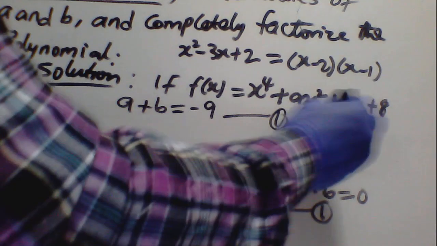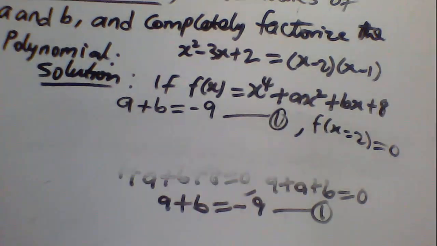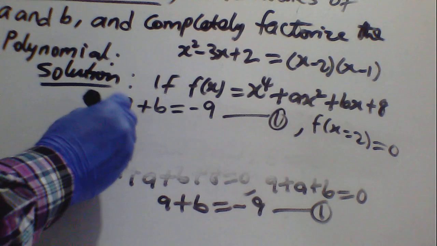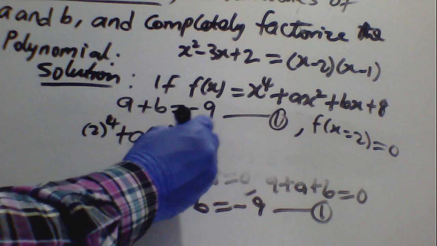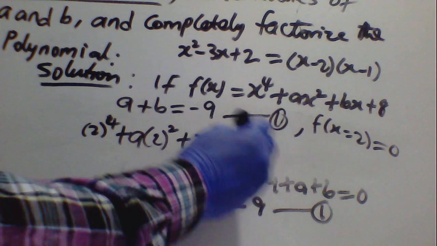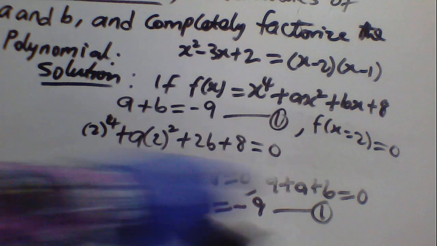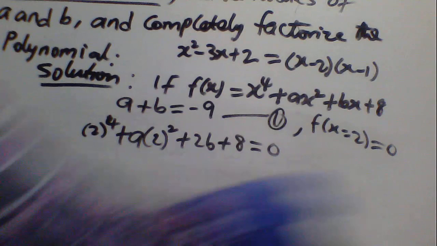Now, if f of 2 is equal to 0, let's substitute it and solve it. From here we have 2 raised to power 4 plus a in bracket 2 raised to power 2 plus 2 times b plus 8 is equal to 0.